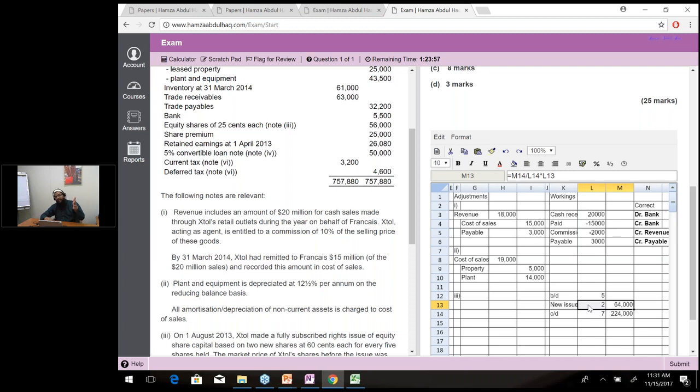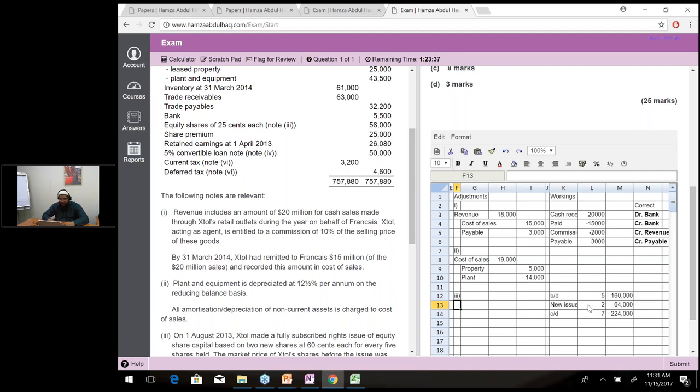So 224 divided by 7 into 2 is 64. Similarly, if I say 224 divided by 7 into 5, I'm going to get the brought down shares, which are 160,000. So 160 is the brought down, 64 is the new issue, and 224 is the carried down.